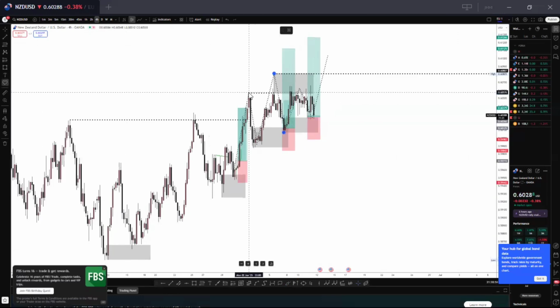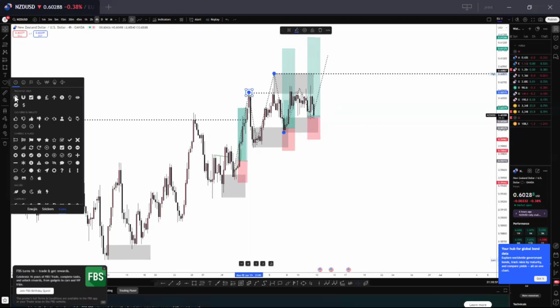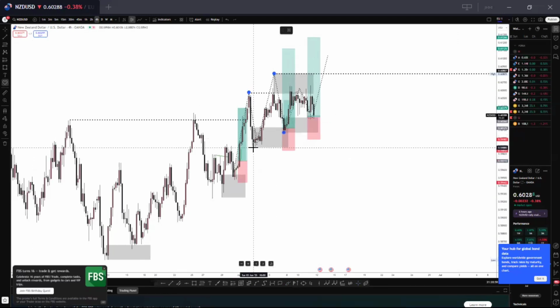And we do this. So why are you bearish? Won't this be the change of character from this trend to this trend?